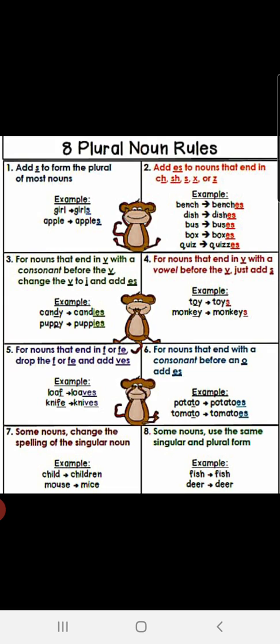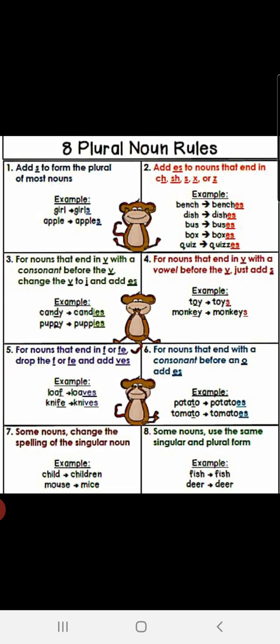Vowels are a, e, i, o, u, and all the other alphabets are consonants. So if a singular noun ends with y, and before that a consonant is there, then you remove y and add ies to it. Like candy is singular, candies is plural.